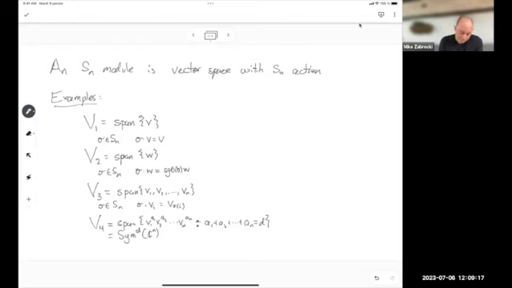And sigma acting on V1 to the A1 through Vn to the An is going to be V sigma 1 to the A1 through V sigma n to the An.